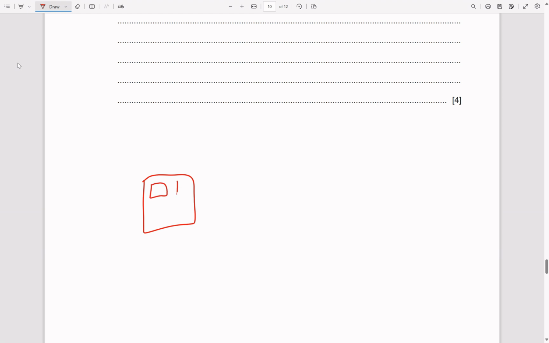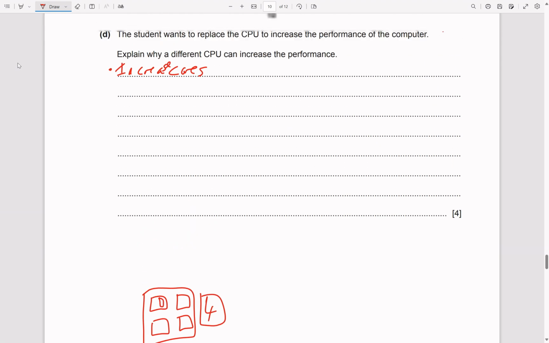But let's say we have a quad-core processor. Here our processor has 4 cores, and each core is going to have its own program counter, MAR, MDR, CIR, accumulator, ALU and control unit. It's going to have all of those components inside each core. So if we've got 4 cores, we can simultaneously execute 4 different instructions.